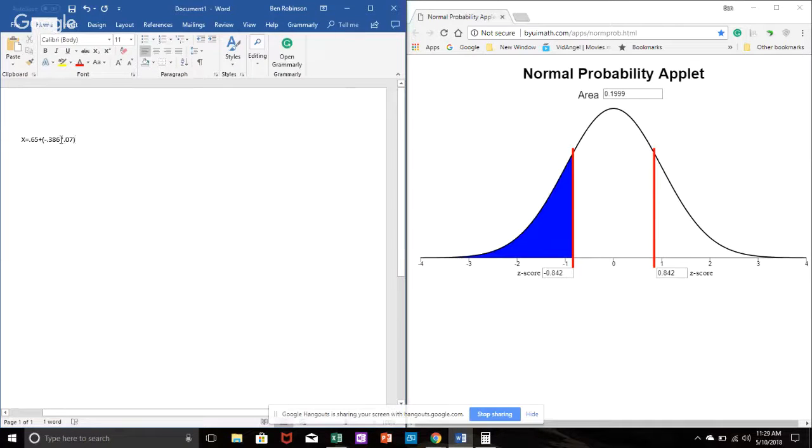I'll just go ahead and do the z score formula here. So I got 0.709.